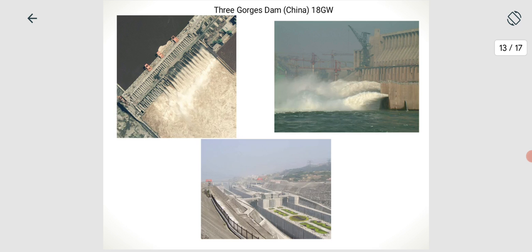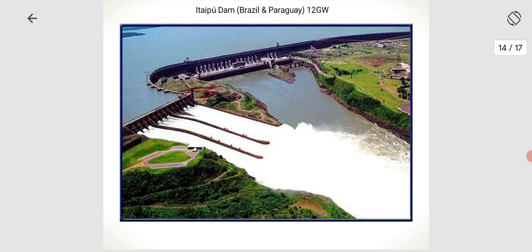So the Three Gorges Dam in China, 18 gigawatts. The image identifies the dam's capacity and the hydropower electricity that will be generated. This is the dam in Brazil, generating 12 gigawatts of power.